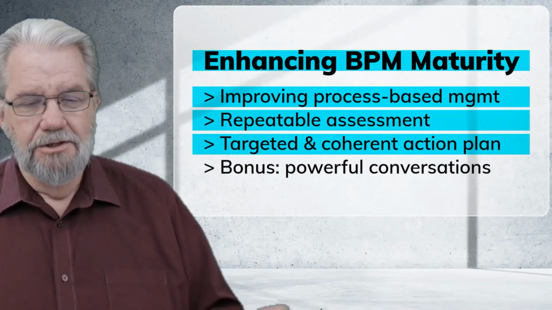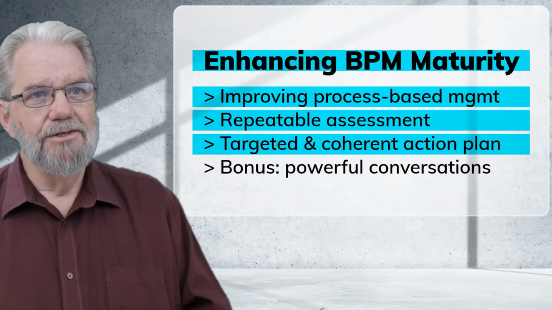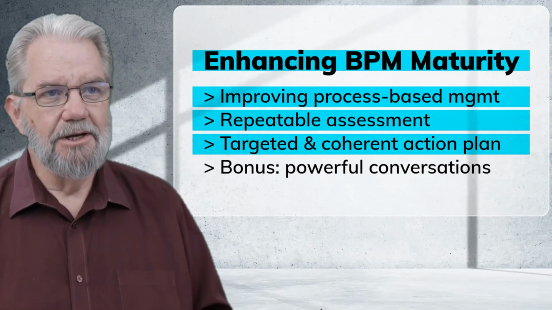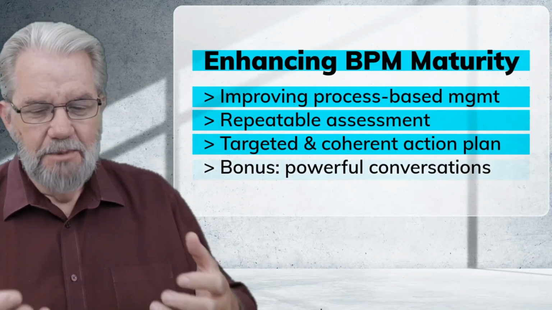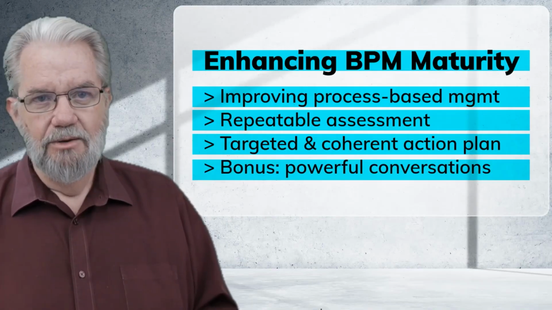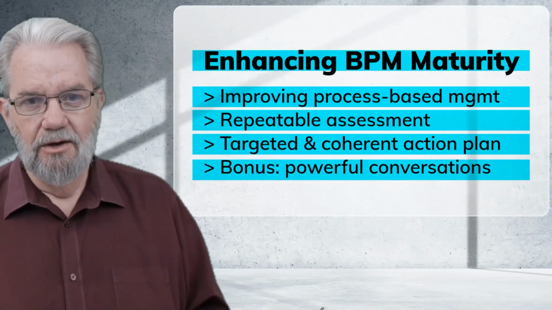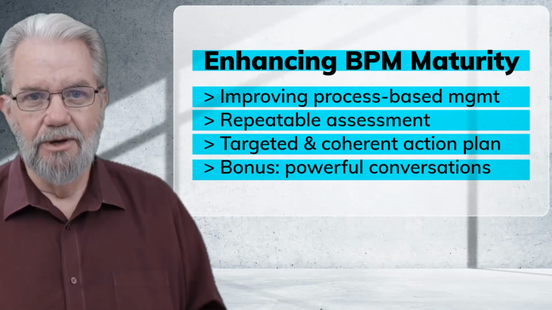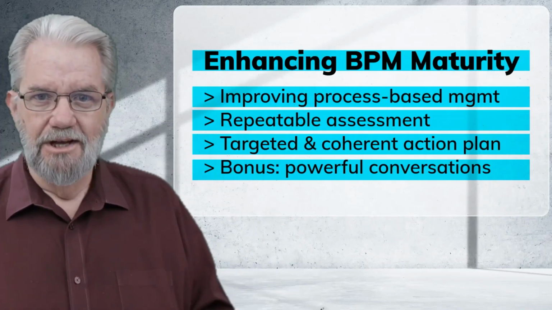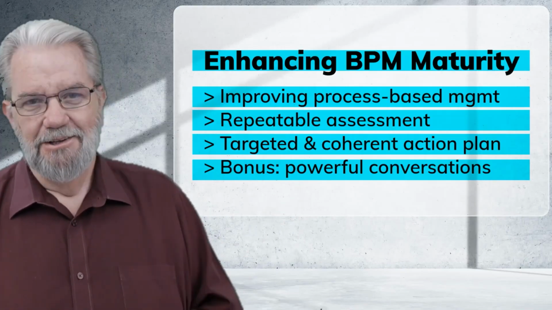I do this kind of work often for organizations, and for me it's an intended consequence, but often for my clients it's a surprise. The powerful bonus is the conversations you have about these things. You get a group of people together and you say, okay, on a scale of 1 to 5, how good do you think we are at process governance? Some will say 1 and some will say 4. Occasionally someone might think 5.